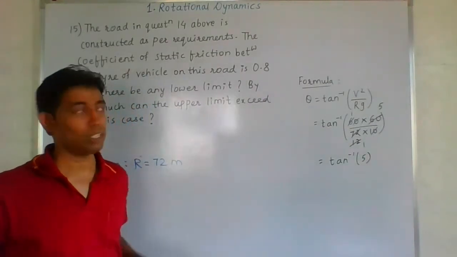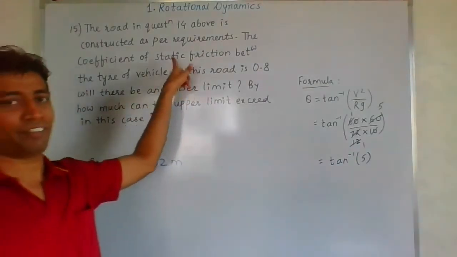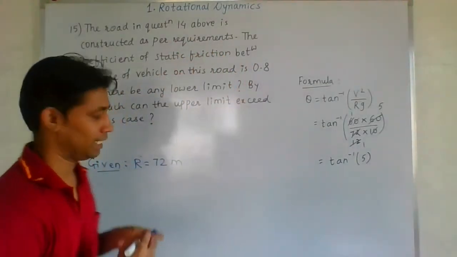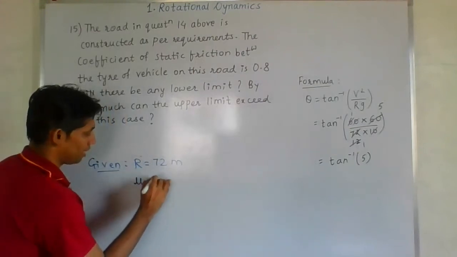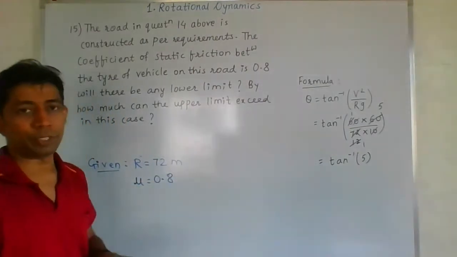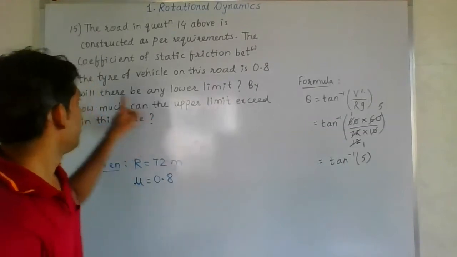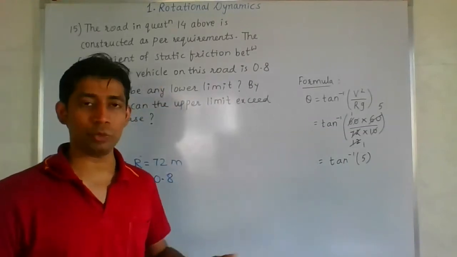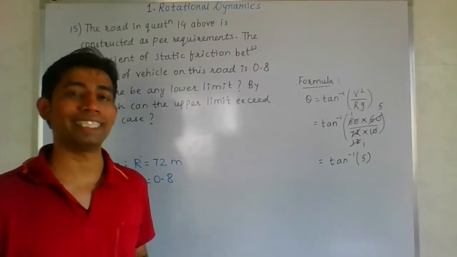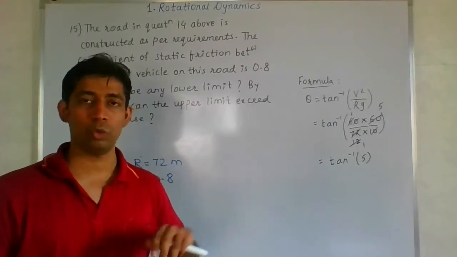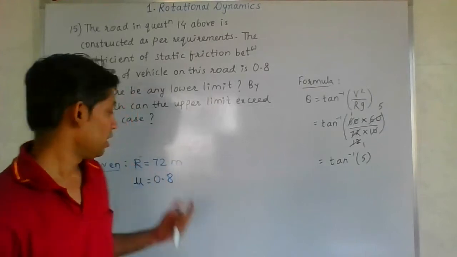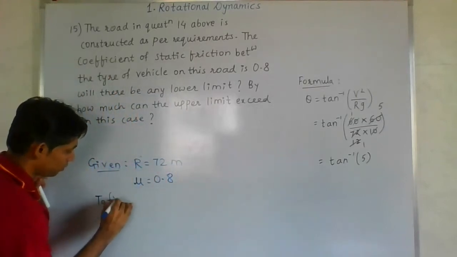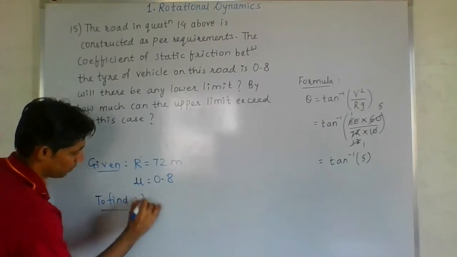Now the coefficient of static friction between that road and the vehicle is given as 0.8, so I substituted the value of mu as 0.8. Then what is the question? What will be the lower limit? We saw V max in the previous question, it was 216 kilometer per hour, which came to 60 meter per second. Now they are asking for minimum velocity, that is, what will be the lower limit?